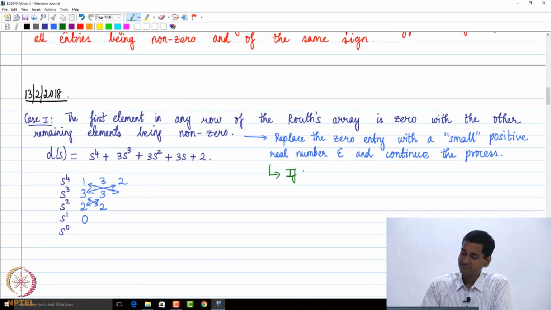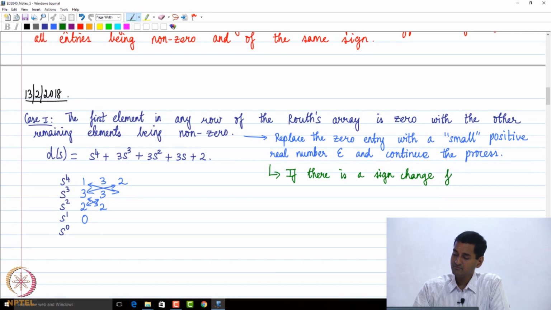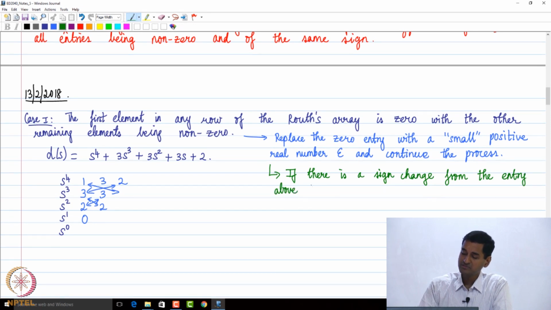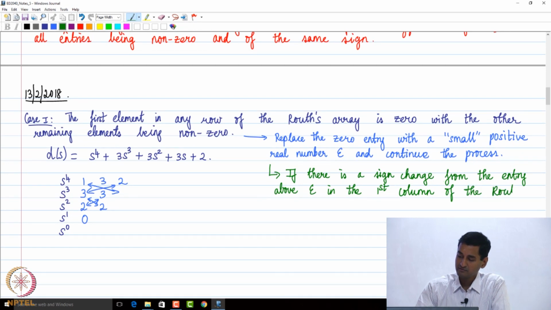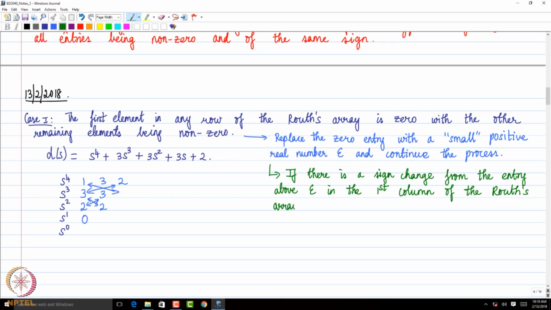And from here, once you continue this process, if there is a sign change from the entry above epsilon in the first column of the Routh's array to the entry below epsilon, then there are roots in the RHP.